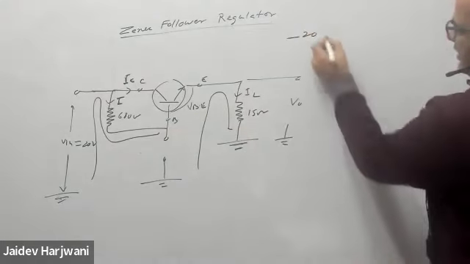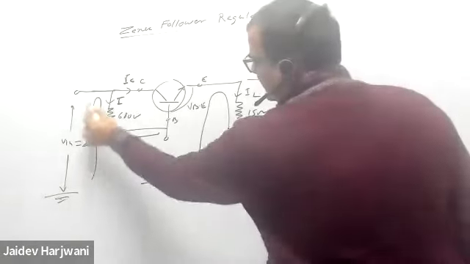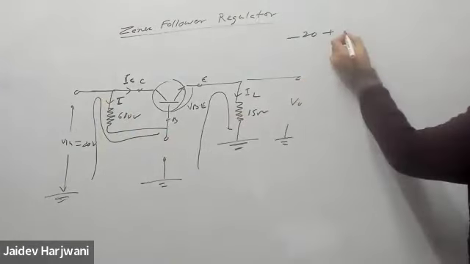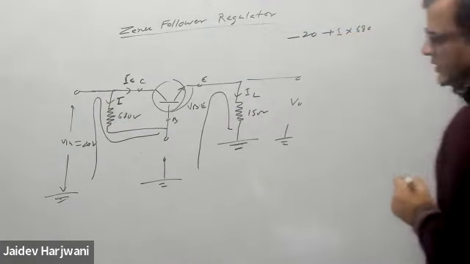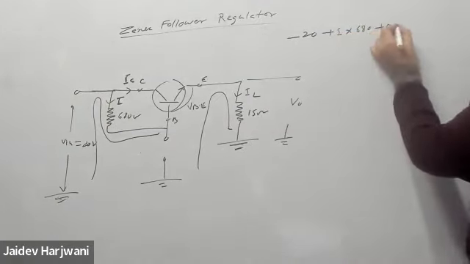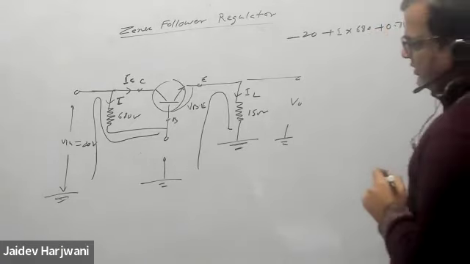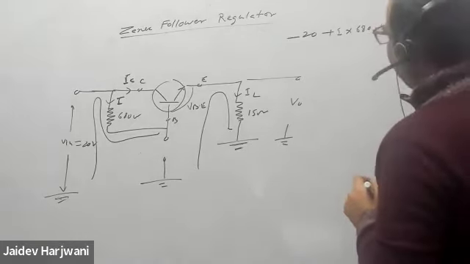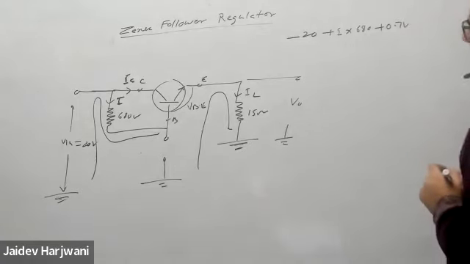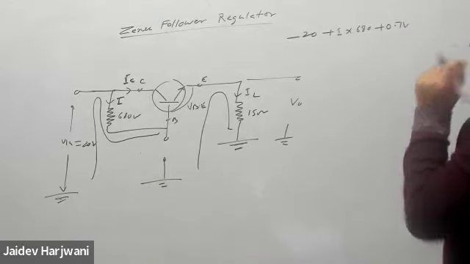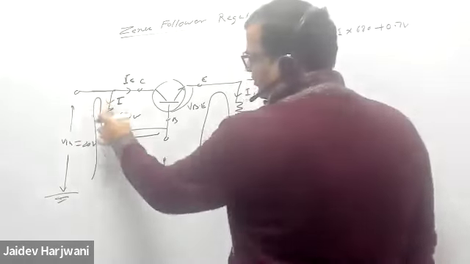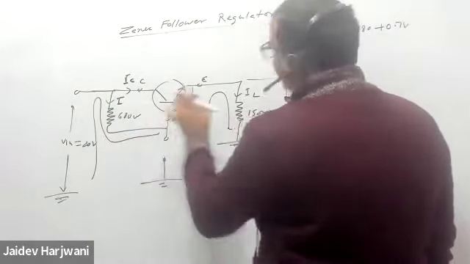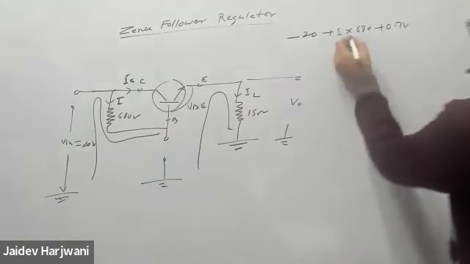So basically you have a minus VB input in the beginning. Then I am coming from this circuit, and you have I into 680 ohm plus VBE, which is 0.7 volt. And then you have IE here. If I open this one, now this current becomes IB.